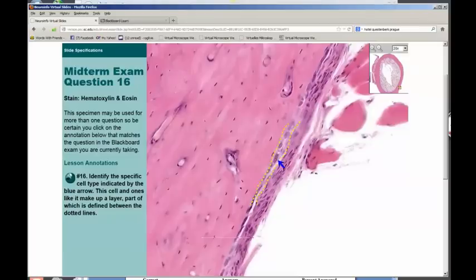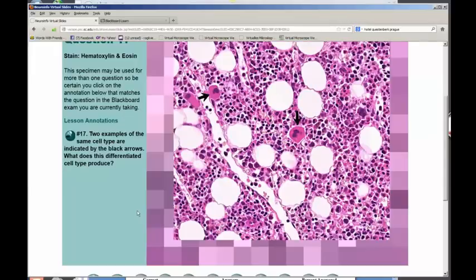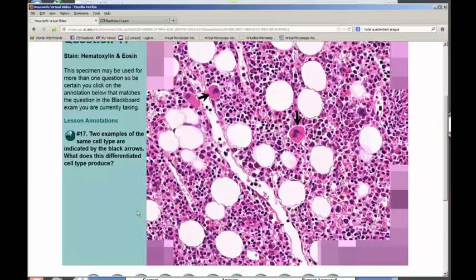Okay, so let's go on to the next question, question 17. Question 17 asks us to identify a cell type. 2 examples of the cell type are indicated by the black arrows. What does this differentiated cell type produce? So you first of all have to know what cell it is.